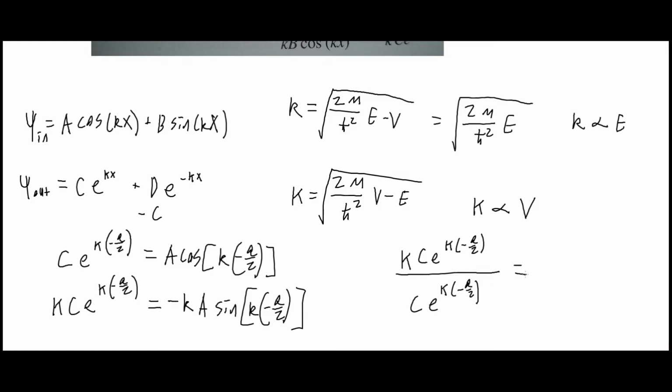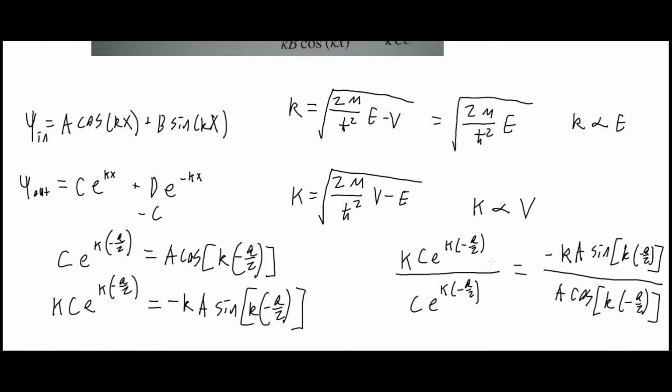Then we set that equal to minus k a sine of k times minus a over 2, divided by a cosine of k minus a over 2. And so this is what's called the logarithmic derivative.